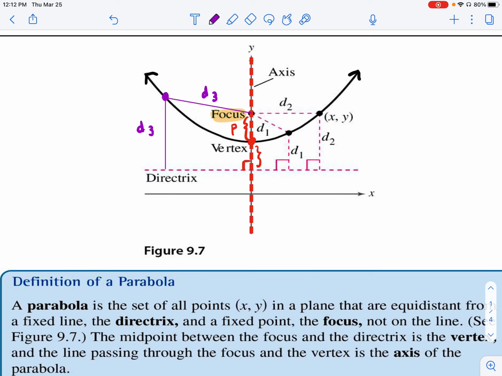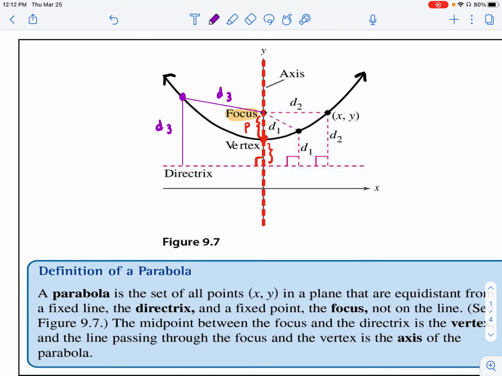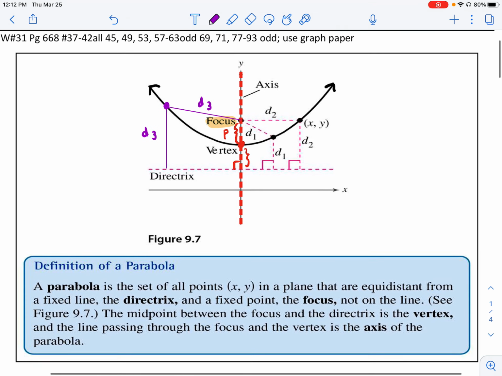Any point that satisfies this criteria, any point that is equidistant to the focus as it is to the directrix, is a point that is on our parabola. And that is how we define a conic section. It is a set of all points in a plane that are equidistant from the directrix and the focus.